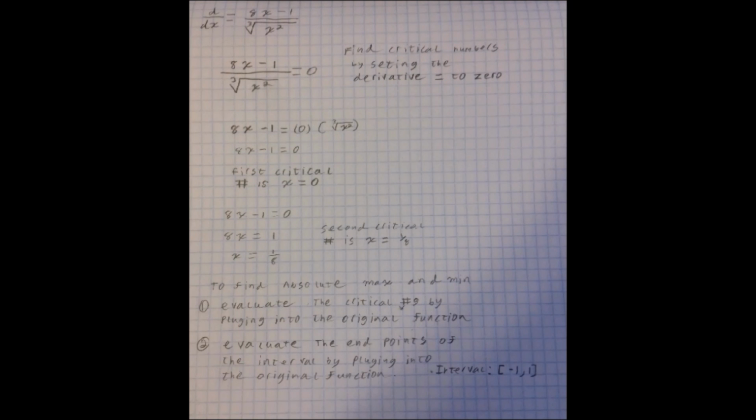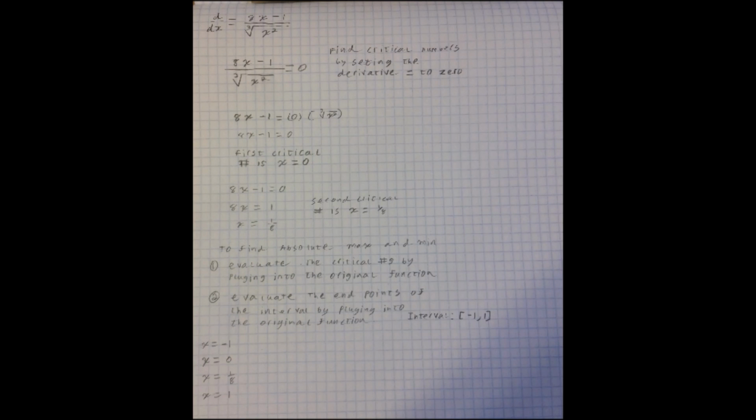Secondly, we will evaluate the endpoints of the interval that were shown at the outset of this video, the endpoints being -1 and 1. And so these points are also evaluated by being plugged into the x variable of the original function.